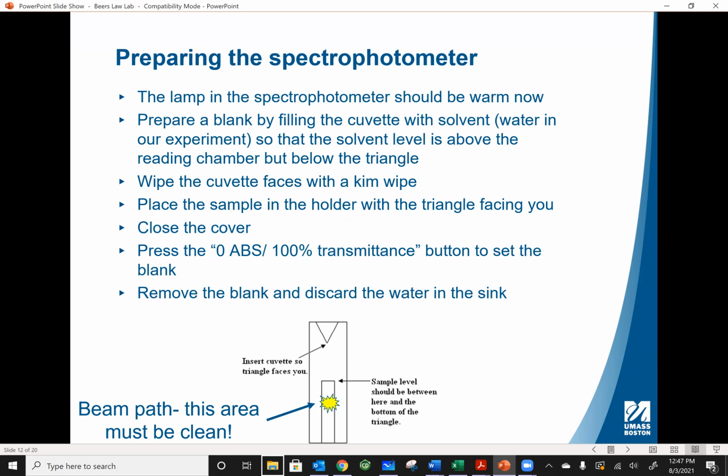And then once we've done that, we use that same DI water and we can press the 0 absorbance button or the 0 button. Sometimes it just says the word 0 to blank the machine. That basically just takes the background of the machine so that any reading due to the water, it will subtract from the absorbance.